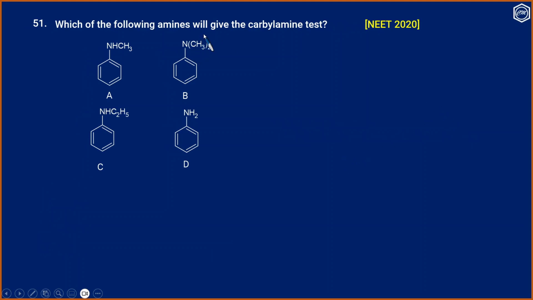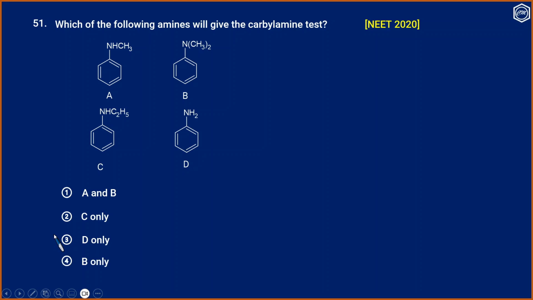Question 51. Which of the following amines will give carbylamine test? A, B, C and D. Option 1 A and B. Option 2 C only.